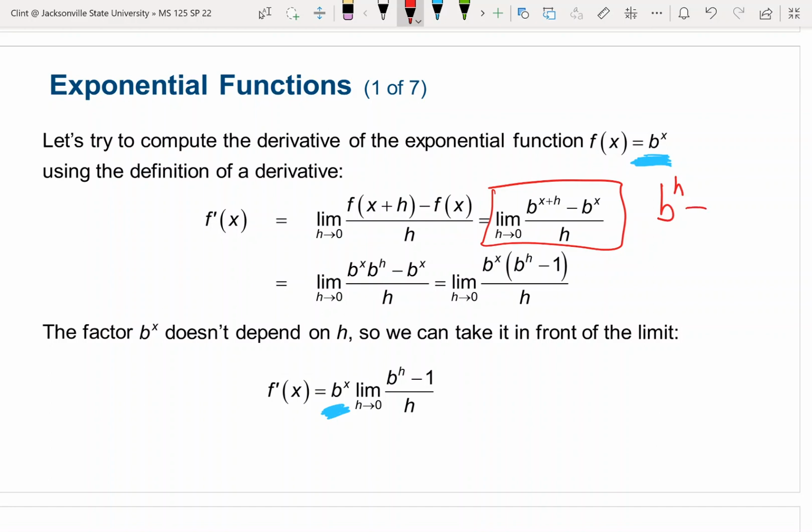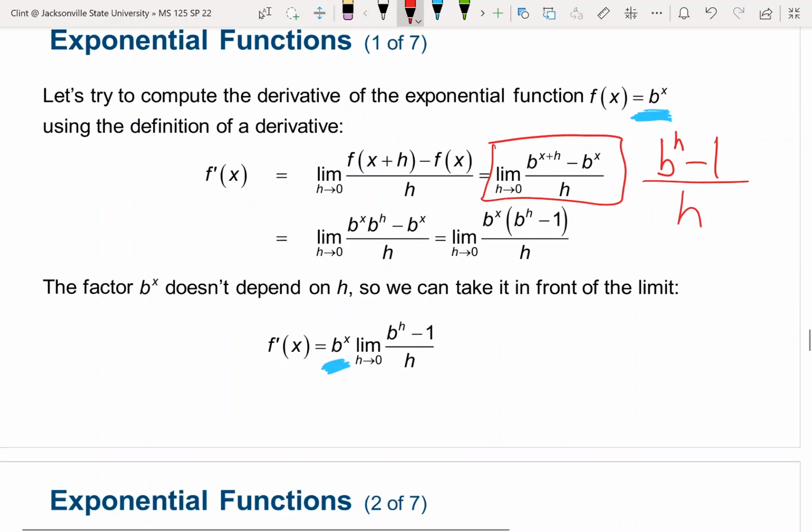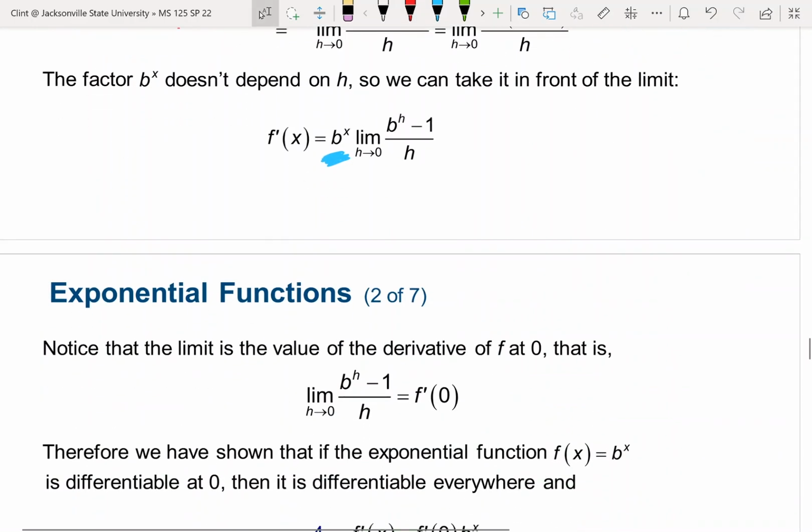And then if we have b to the 0th, what are we going to get? Remember, anything raised to the 0th power? 1, over h. So that's what that slide's saying. It's saying that this limit that we end up with, b to the h minus 1 over h, is the same thing as f prime of 0.